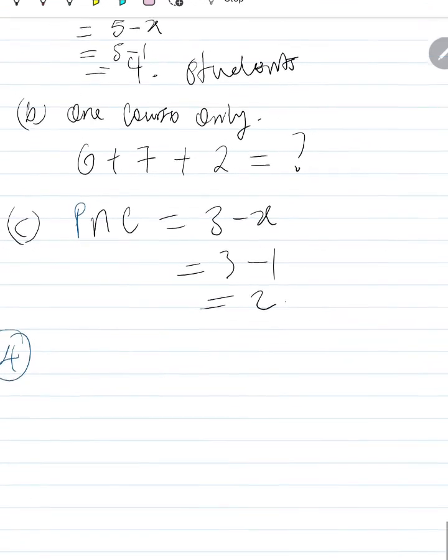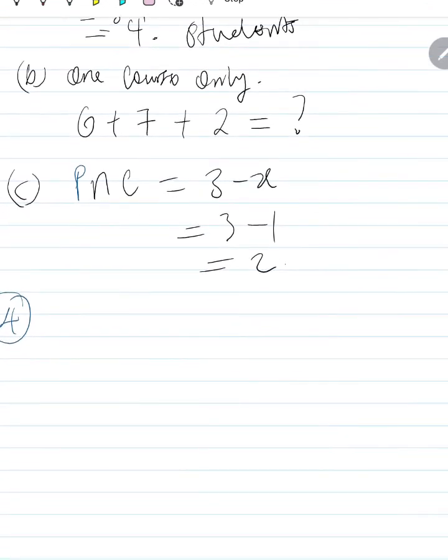So question 4 says the program below is given in the form of a pseudocode. So you have start. So you know that start is a circle, right? Yeah, that is what you need to remember.